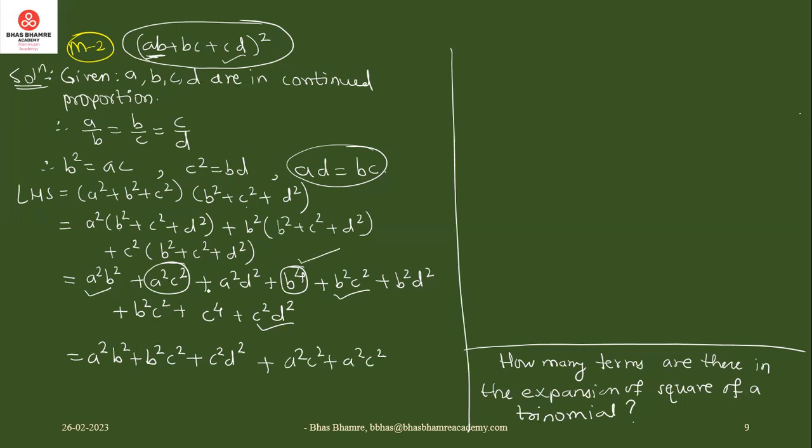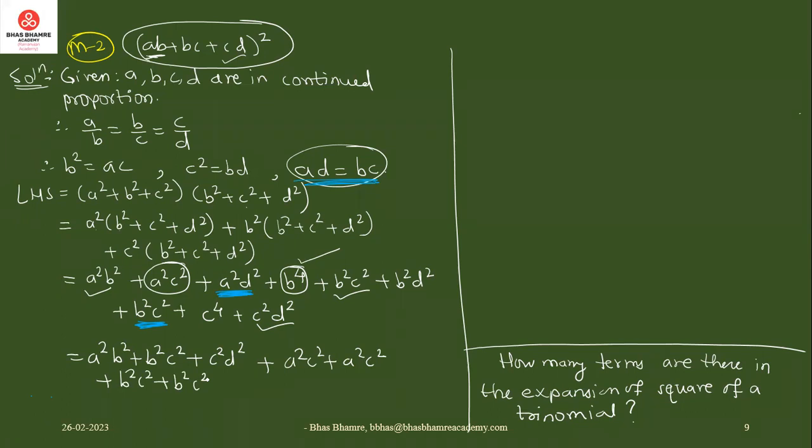Now in the same fashion, if you check this, A square D square and B square C square. And watch this. AD is equal to BC. So I say there plus B square C square plus B square C square, because AD is equal to BC.